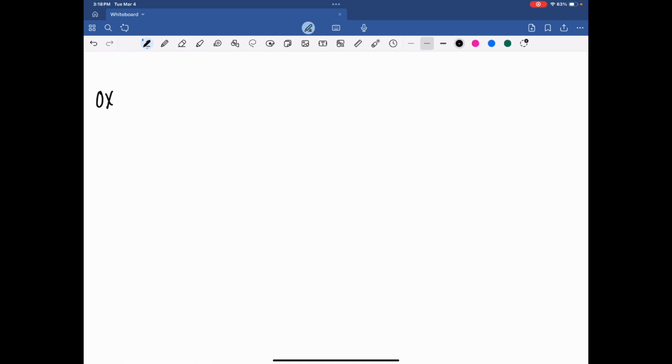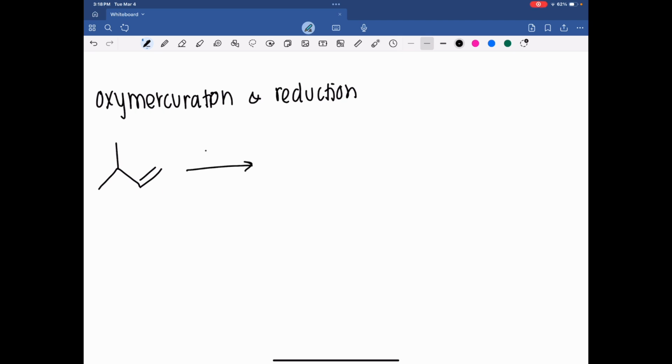Okay, let's go to oxymercuration and reduction. So my reagents for this one are going to be HgOAc2 and NaBH4.